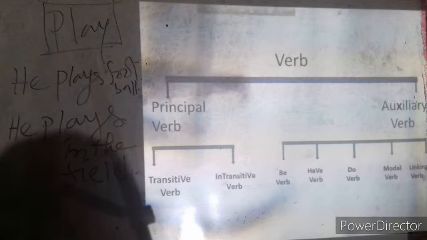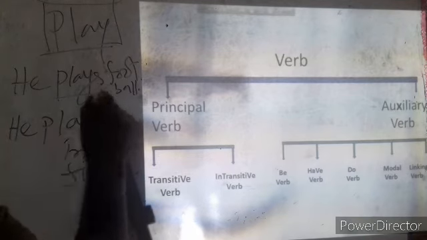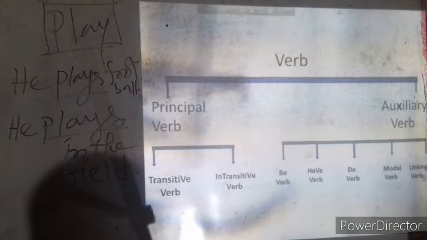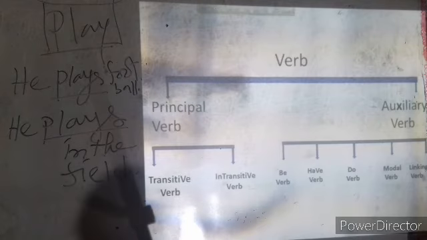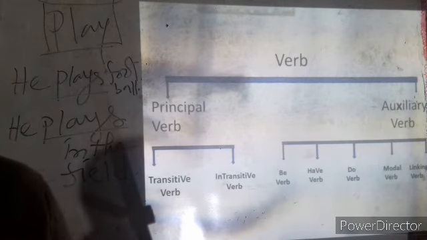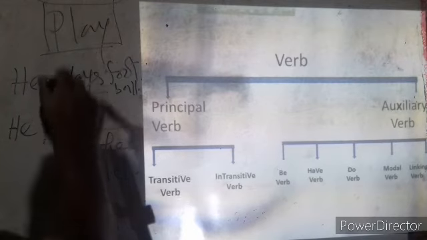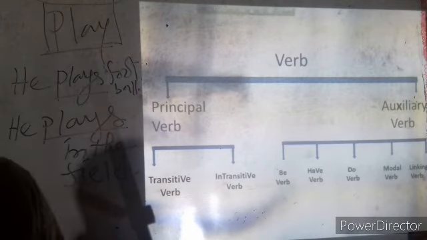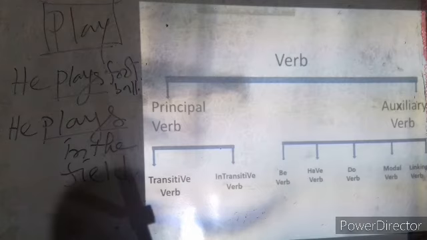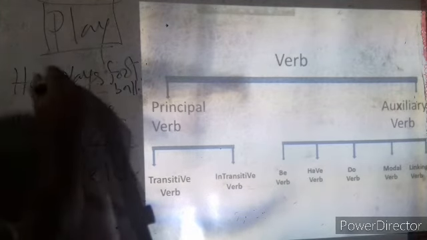There are two kinds of sentence using the principal verb plays. First one is he plays football. Here is object. Football is object. And we are able to ask the verb play with what? What does he play? The answer is football. So here play is transitive verb.